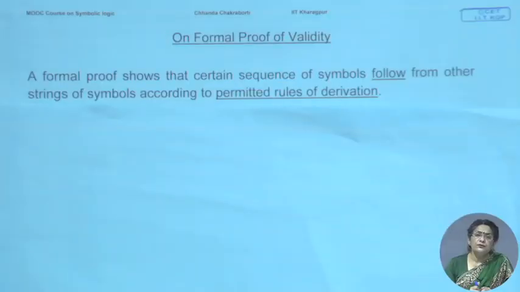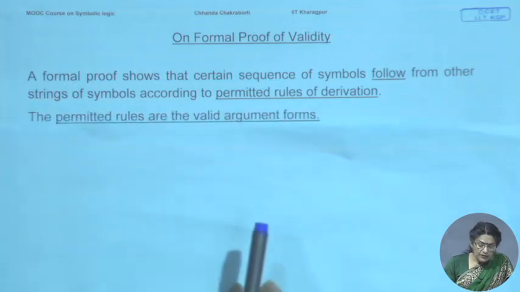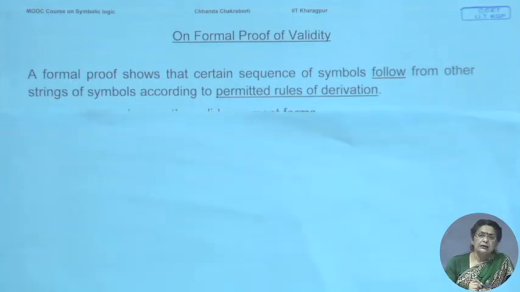Now, basically syntactically speaking, what you are doing is that you are generating a certain array of symbols from earlier given arrays of symbols, but in between these two steps there are certain rules of derivation. What they are, we are going to learn soon, so just keep it alive, but I have used the word permitted. Why? Because permitted as in permitted in the system. Every logical system is rather independent.